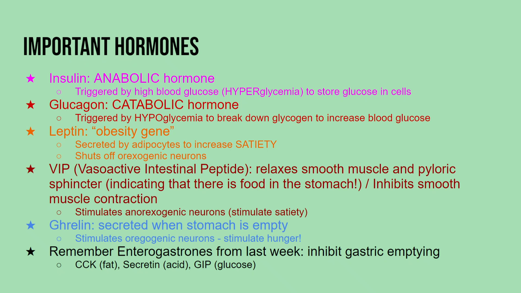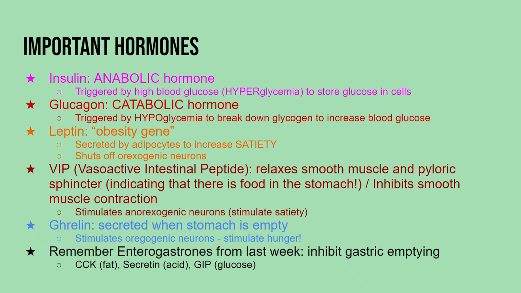Okay, so for this drawing, I'll use red to be associated with satiety, and blue to be associated with hunger. So, two hormones, insulin and VIP. We're just going to label this as the first case scenario.